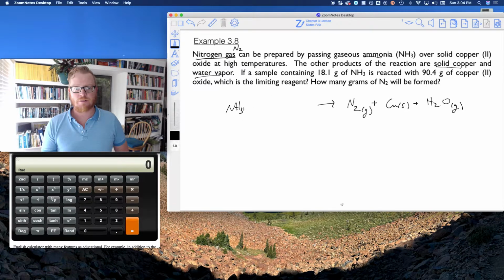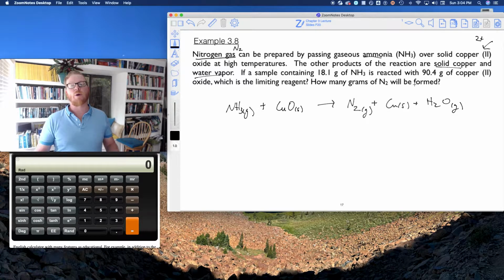Okay, great. And solid copper 2 oxide. Okay, copper 2 oxide is CuO. Because remember, each oxygen's minus 2, and that copper 2, remember, tells me that that's a positive 2 copper, okay? So I need 1 copper for every oxygen.